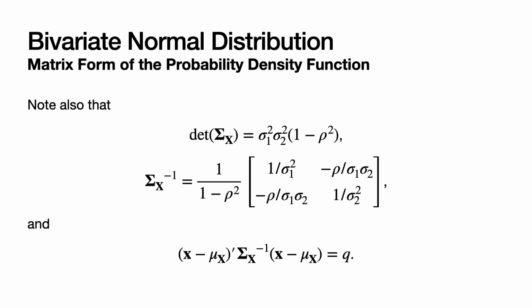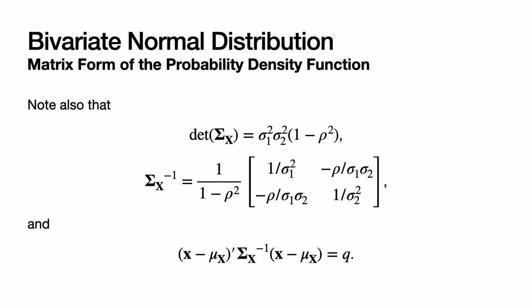Now note that the determinant of the covariance matrix cap sig sub bold x is equal to sigma 1 squared times sigma 2 squared times 1 minus rho squared.